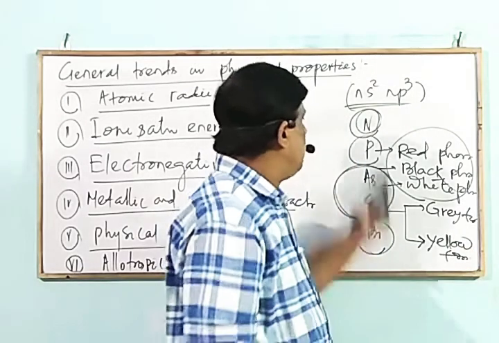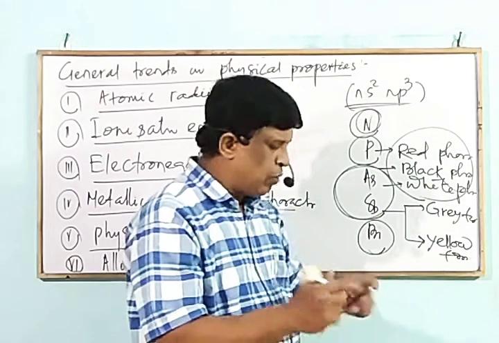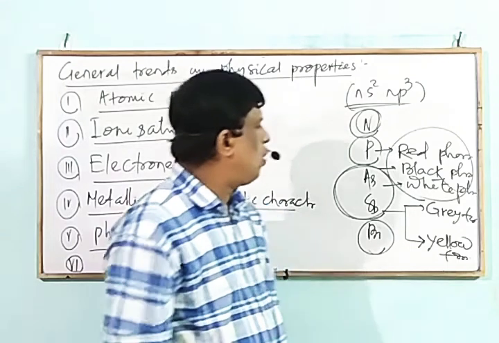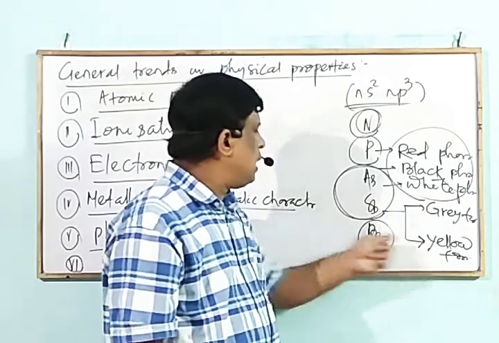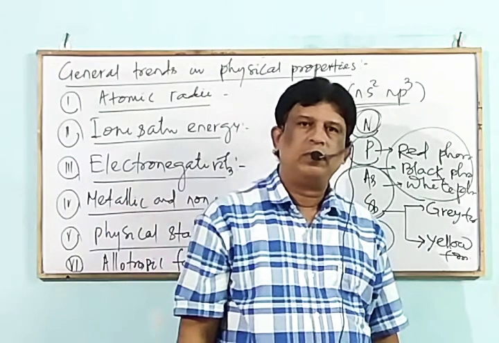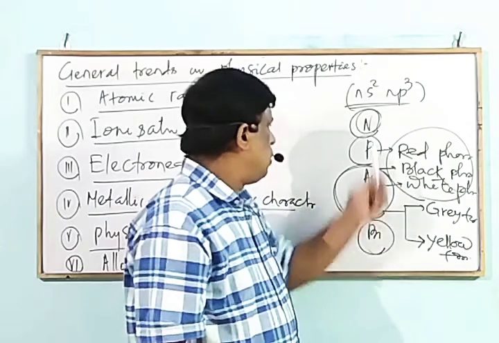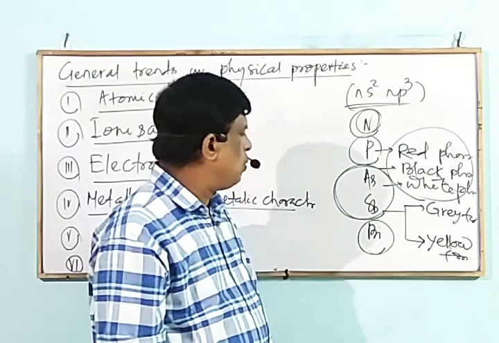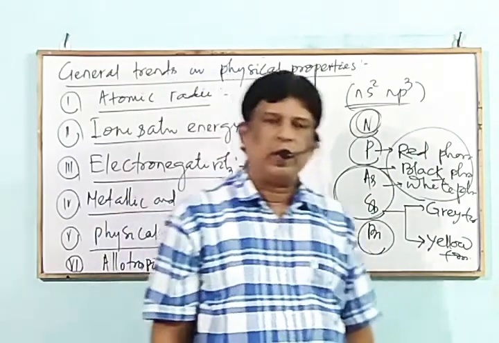I repeat again: phosphorus exhibits three allotropic forms, red, black and white, and arsenic and antimony exhibit two forms, gray and yellow, while nitrogen and bismuth are unable to exhibit allotropic forms.